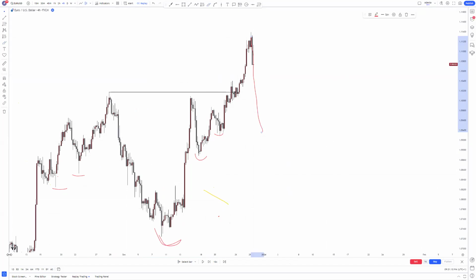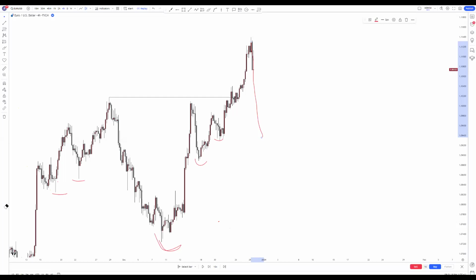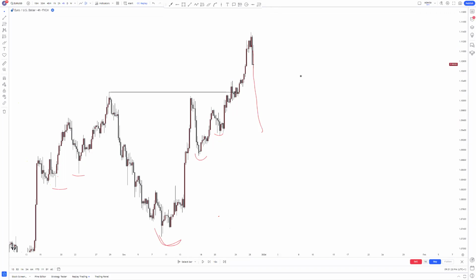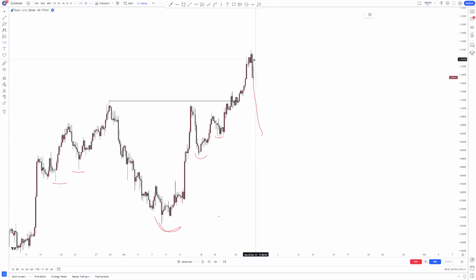Since we are expecting price to come and take out at least one of them, from what I've been saying, your expectation will be that price is coming to take out one of them, and we are going to break structure next, right?